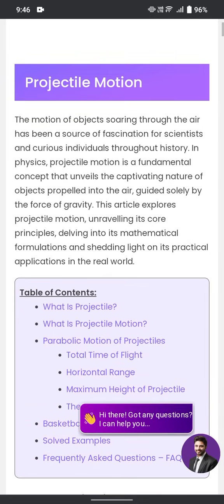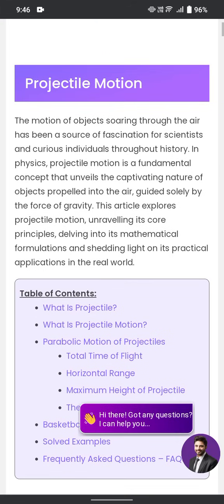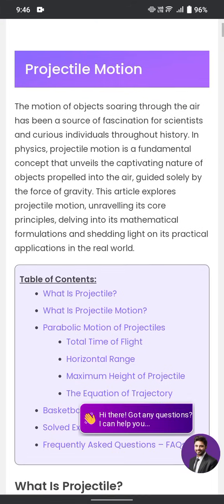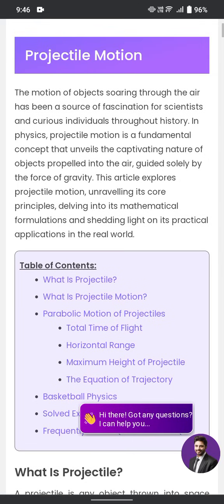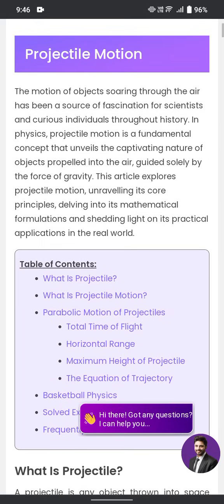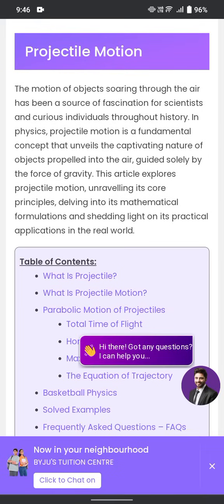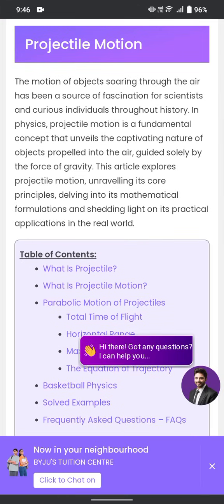In physics, projectile motion is a fundamental concept that unravels the captivating nature of objects propelled into the air, guided solely by the force of gravity. This article explores projectile motion, unraveling its core principles, delving into its mathematical formulations, and shedding light on its practical application in the real world.